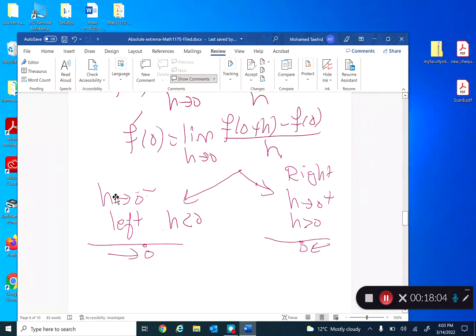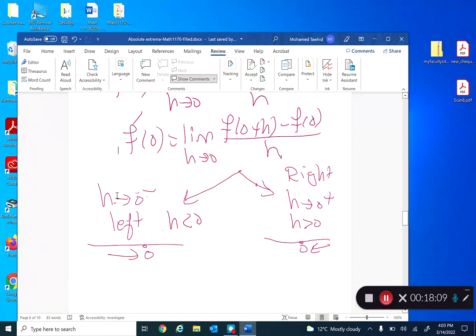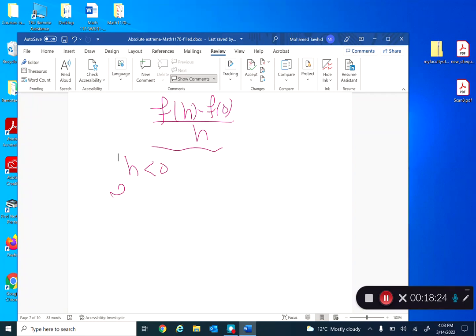Now I have to consider what happens for the left limit, h close to 0 from the left. It will be f of h minus f of 0 over h. Here I have to consider h less than 0. So what is your f of x? Your f of x here is the absolute value of x. So what is f of h?